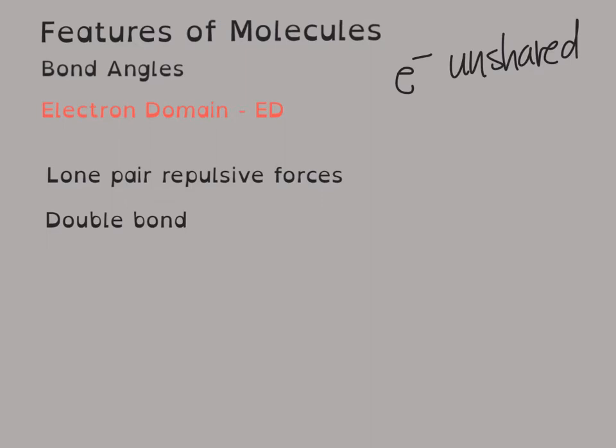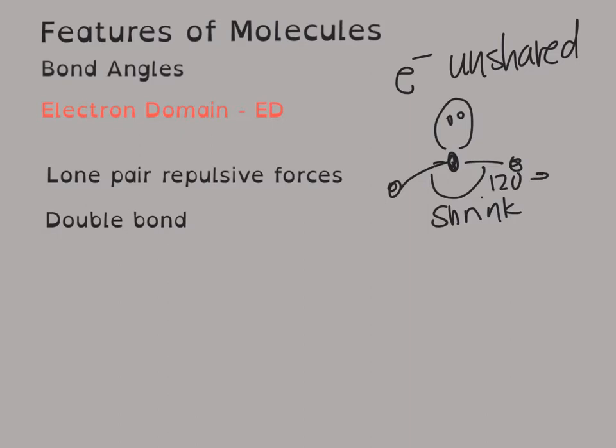So when you have unshared electrons in a particular molecule, they are going to push and take up more space than one would expect, and therefore cause these angles to shrink. What you might expect to be 120 would become less than 120.